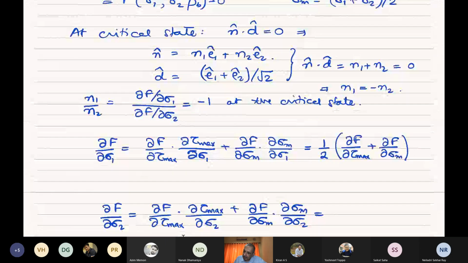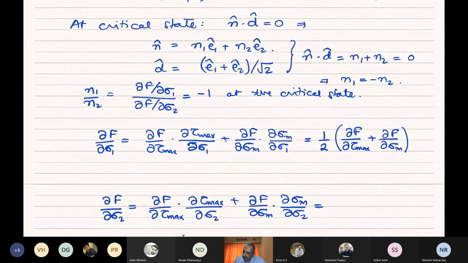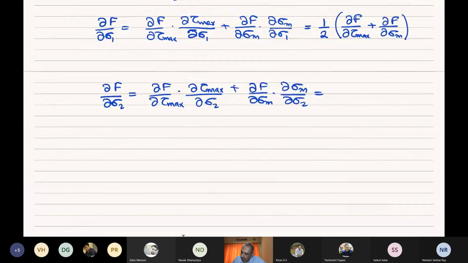And again, if we take the derivative of tau max with respect to sigma 2, you'll get minus half. And if you take the derivative of sigma m with respect to sigma 2, you'll get plus half. So you can see, again, half comes out. But for this, I'll get minus 1. So it's minus del f by del tau max, and then you'll have plus del f by del sigma m. So this is one of the things.